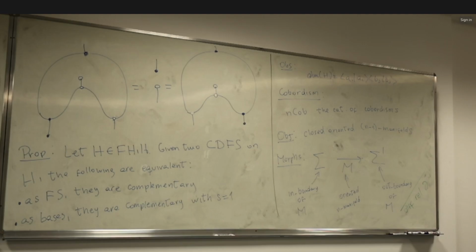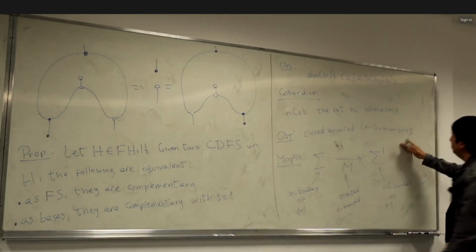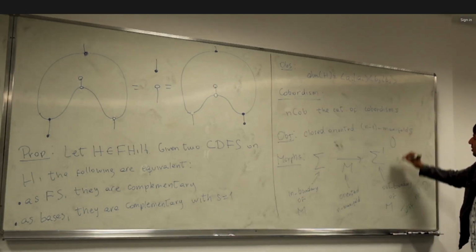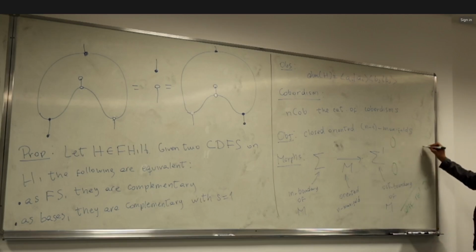What do you mean this is the in boundary and this is the out boundary? Ah, okay. Right. Well, let's suppose this is sigma, and this is sigma prime.